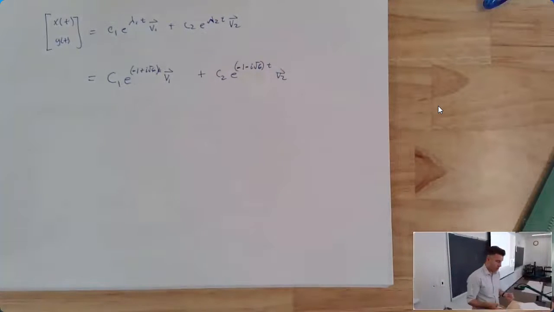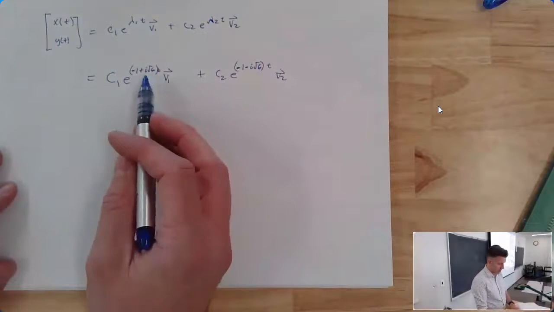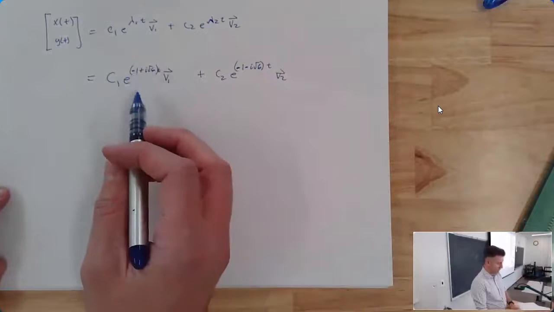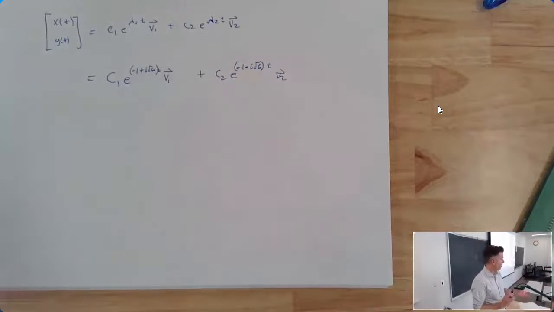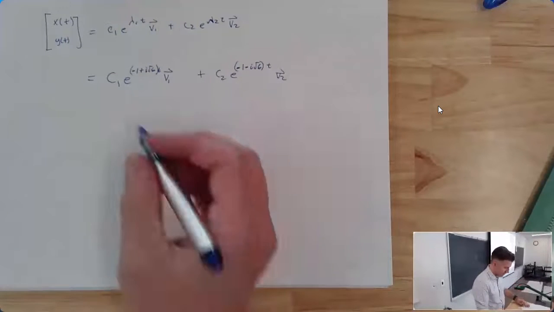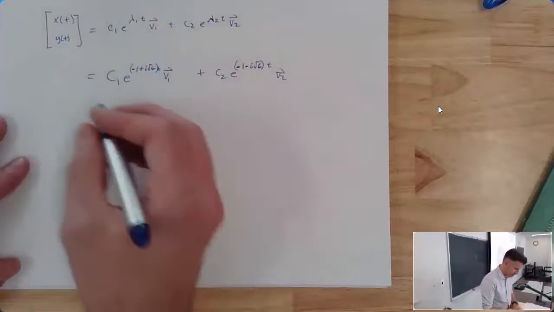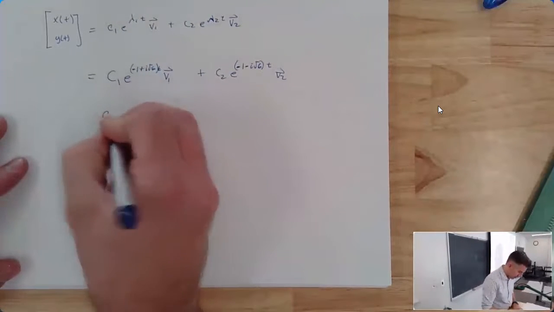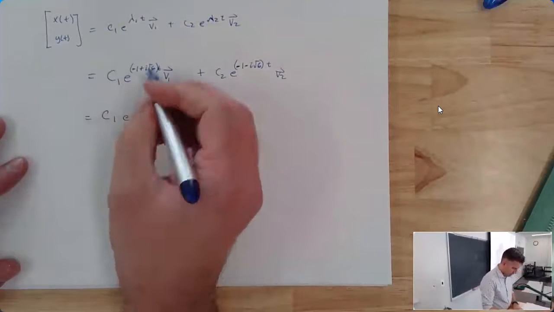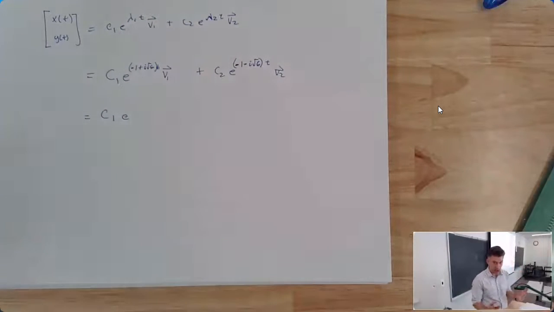So what's going to happen here is that this is where we're going to use the idea of Euler's formula. Take a look at this e to the -1 plus i root 6 t. So this is going to become c1 e to, I'm going to distribute the t here. So just watch this carefully for a moment.